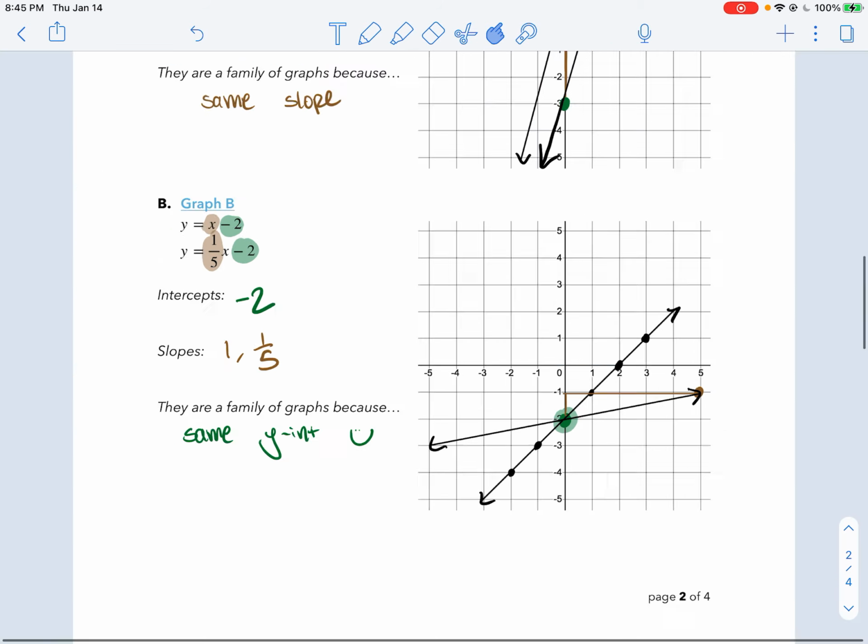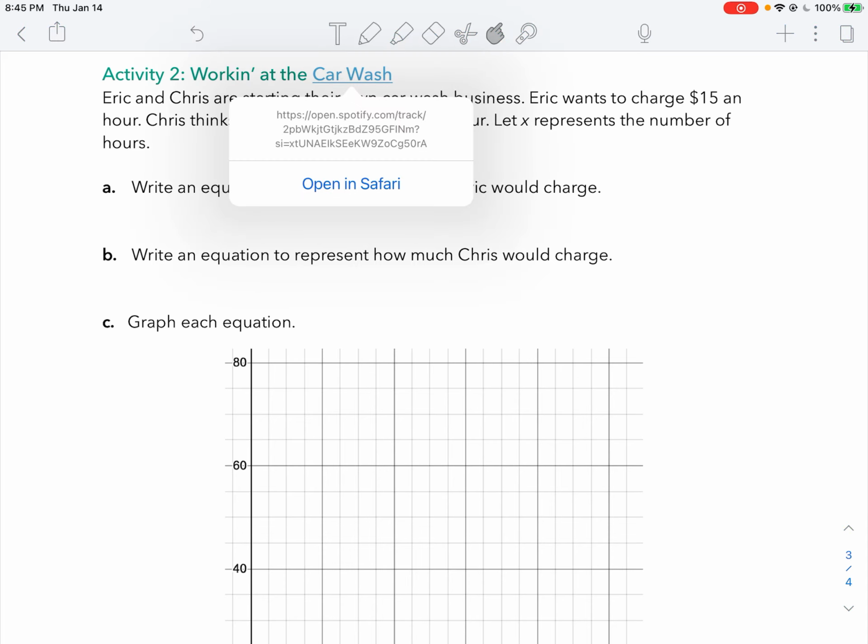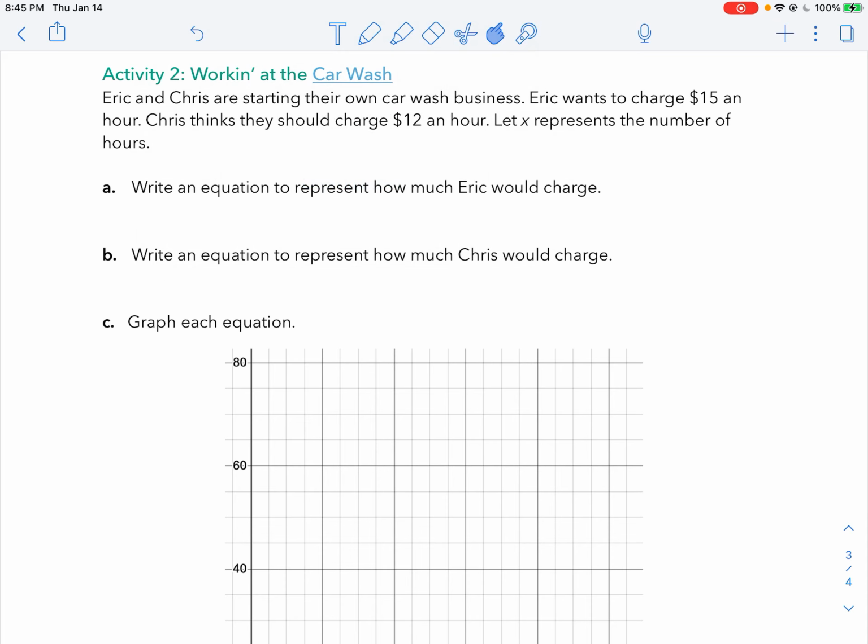Now, that's great, but when are we going to use this in real life? Well, if you want to get some tunes going, tap on the car wash. It'll open up some theme music for you. We have our friends Eric and Chris who are starting their own car wash business. Eric wants to charge $15 per hour. This is going to be slope.